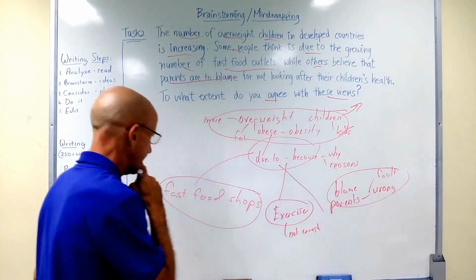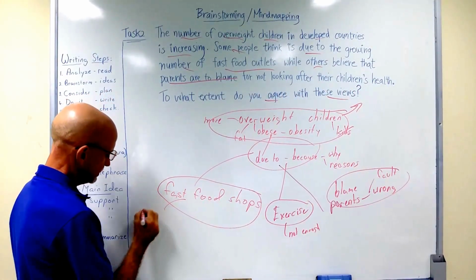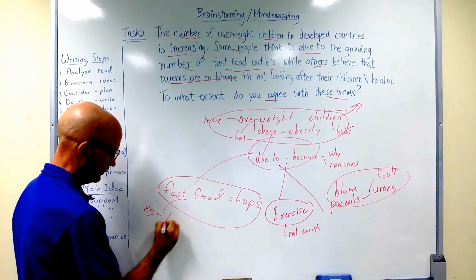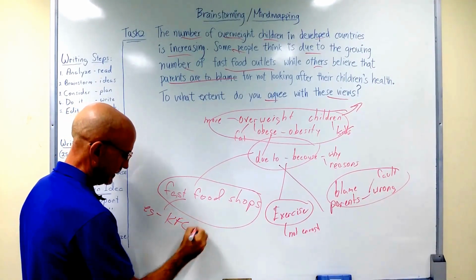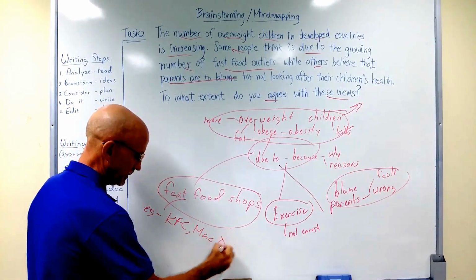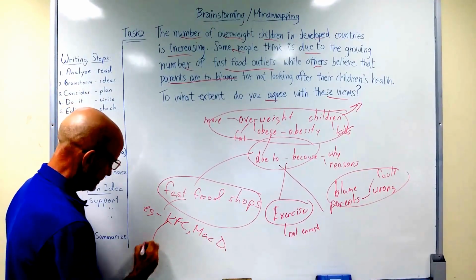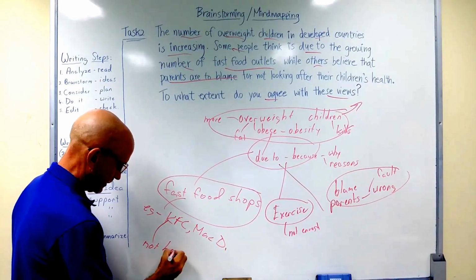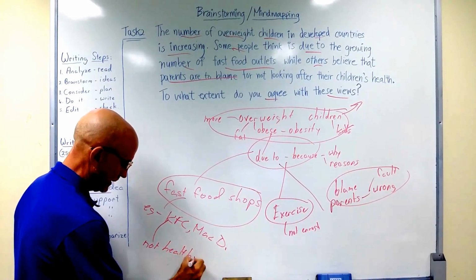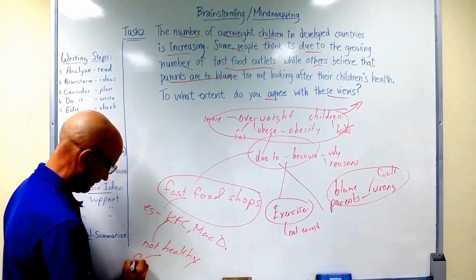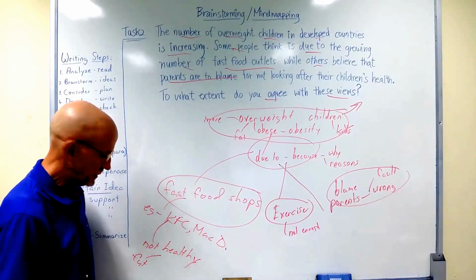So I go back to the fast food and I say, well, for example, what do I mean by fast food? KFC, McDonald's, I keep it short. What's the problem? Well, it's not healthy. Yep, this food is not healthy. It's fat. I'll put in some adjectives.